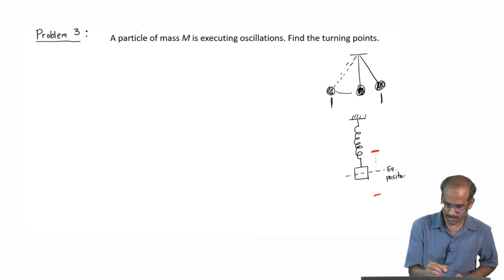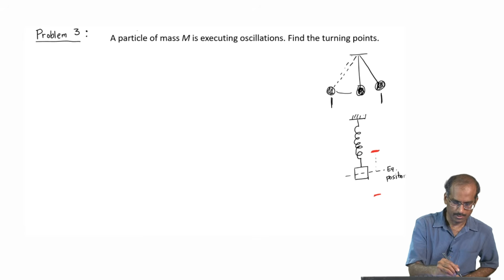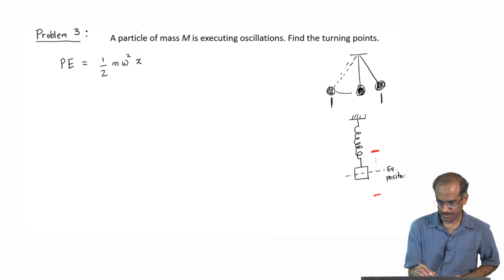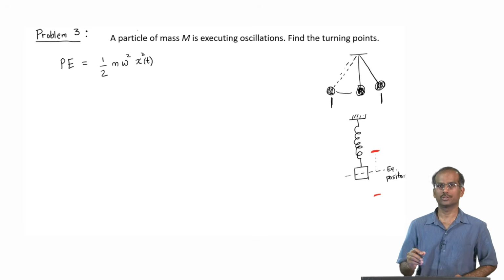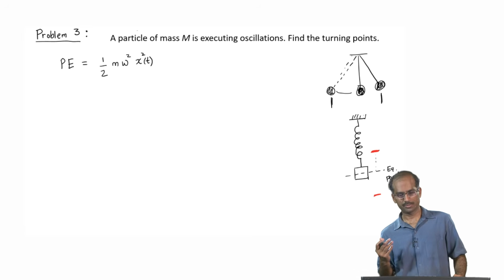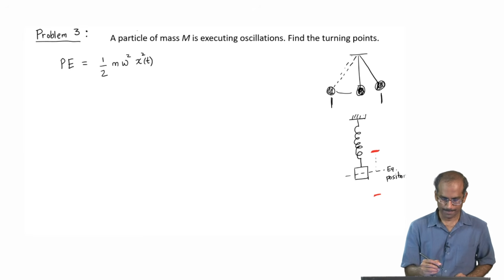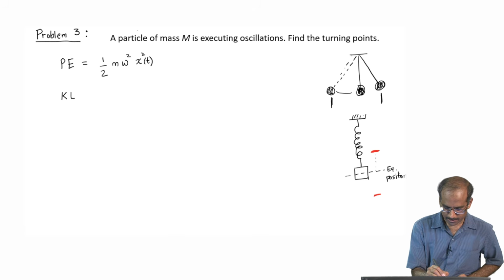is because we know that for any oscillating system potential energy is given by half m omega square x square. Just to remind you that x, which is displacement, is a function of position. I have indicated that x is a function of t. Similarly, kinetic energy is equal to half m v square.